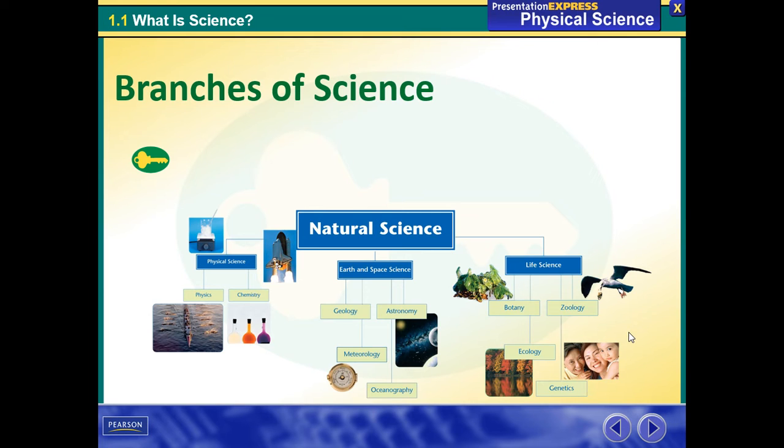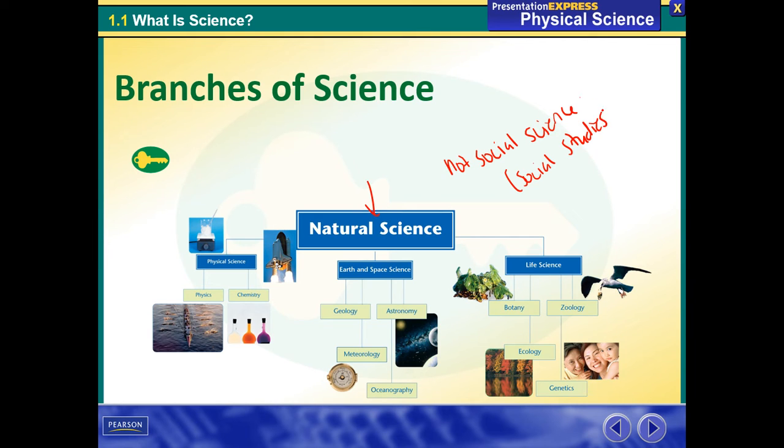From there, we're going to branch into, we defined science, but what knowledge are we gathering? In this class specifically, we're going to be looking at the natural sciences. This is not social science, otherwise known as social studies.